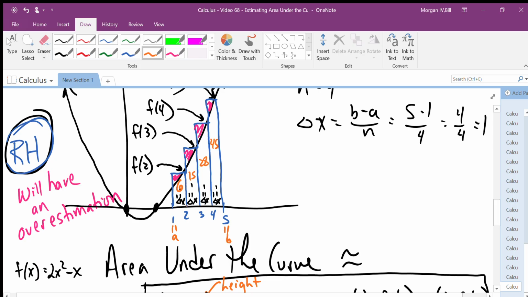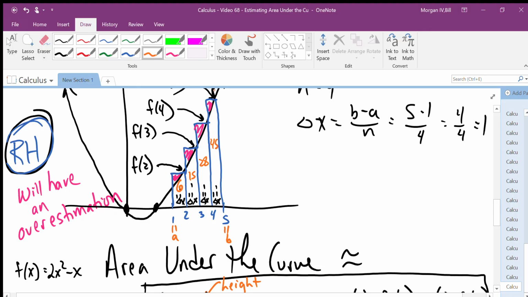The function value starts not at the a value, but at the right-hand side. In this case, it is at 2, which you might think of as 1 plus delta x. And for the second rectangle, the height's at f of 3, which you might think of as 1 plus 2 delta x's. And the height at f of 4 is like 1 plus 3 delta x's.